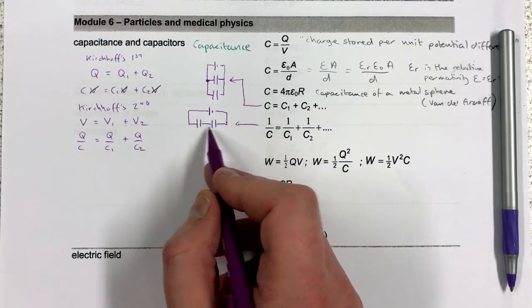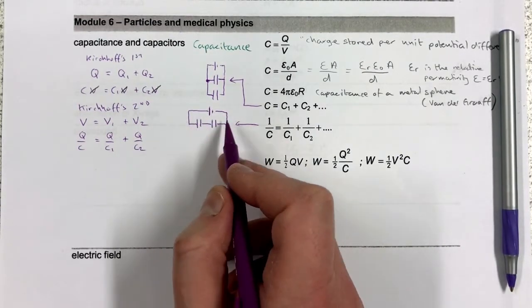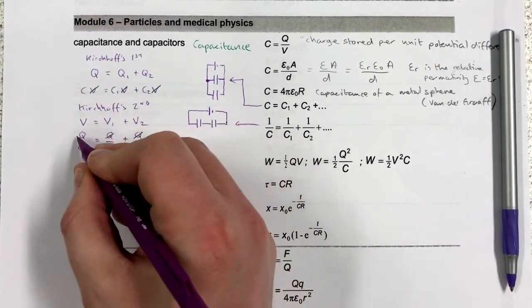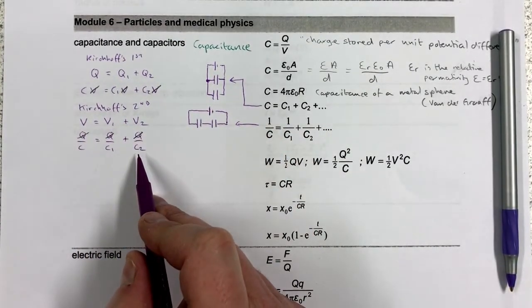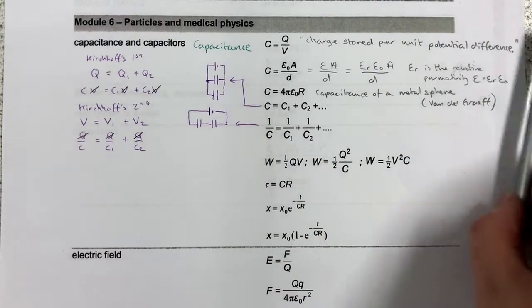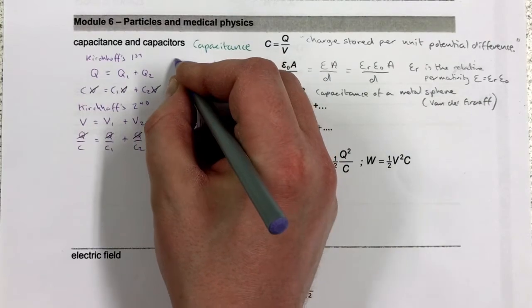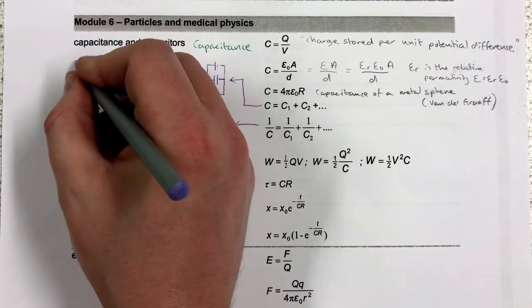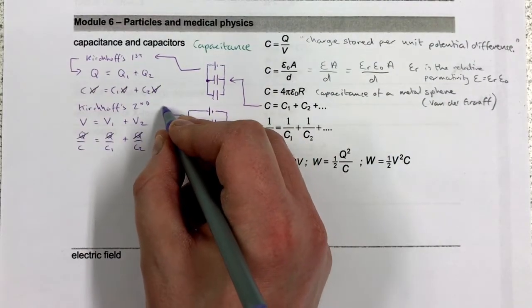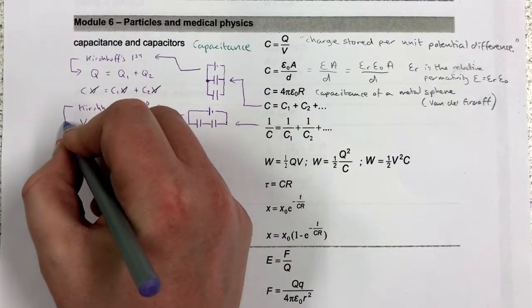Long story short, everywhere in a series circuit the charge stored is going to be the same, so that allows us to cancel the charge, and that leaves behind the method with which we add capacitors in series. So this one moves up to there, and then we go down, and this one goes there, and then we move down.